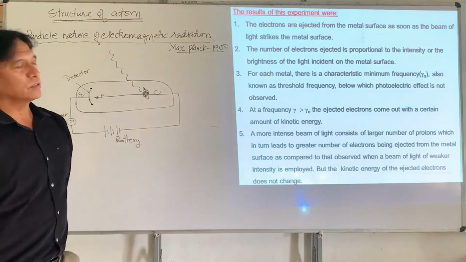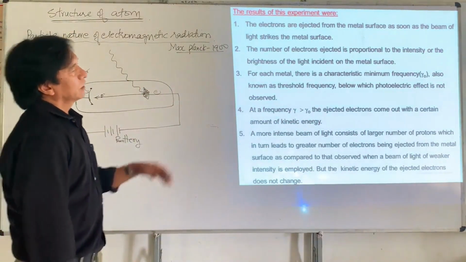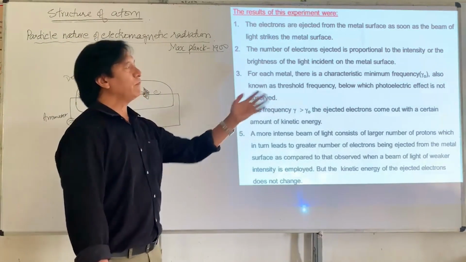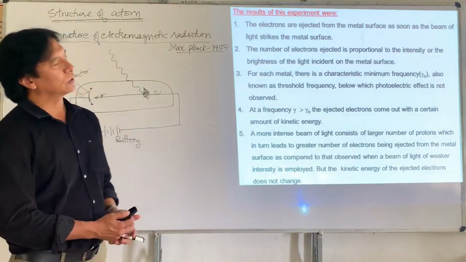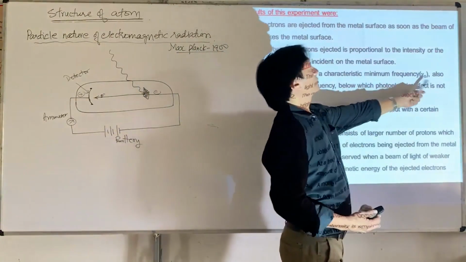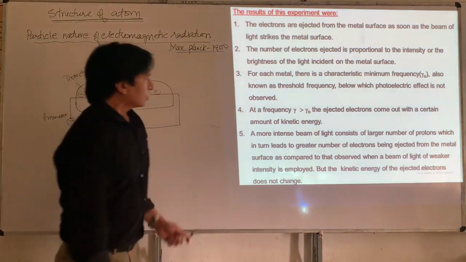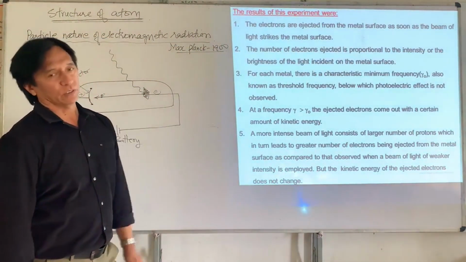The third important point is, for each metal there is a characteristic minimum frequency denoted by nu naught, also known as threshold frequency.